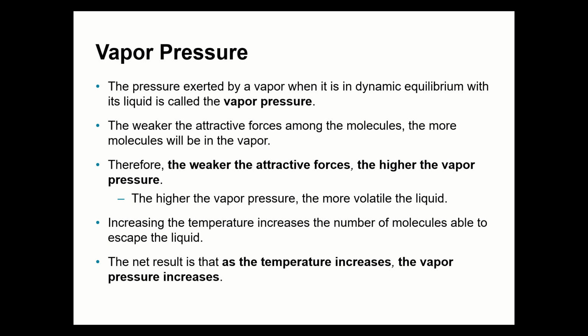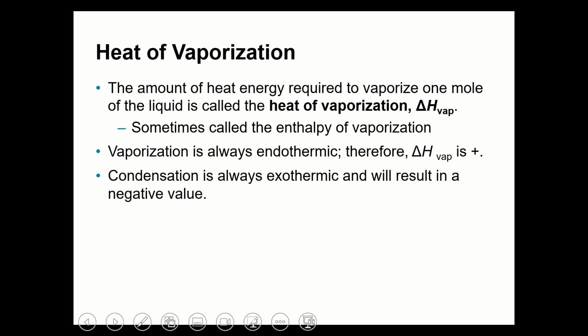So basically, if you have weaker forces, then a substance is going to prefer to be in that gas phase. And also, if we increase the temperature, of course, we're going to increase that vapor pressure because we're going to increase the kinetic energy of the molecules. And again, they're going to prefer to be in that gas phase. And so we're going to have a vapor pressure increase.